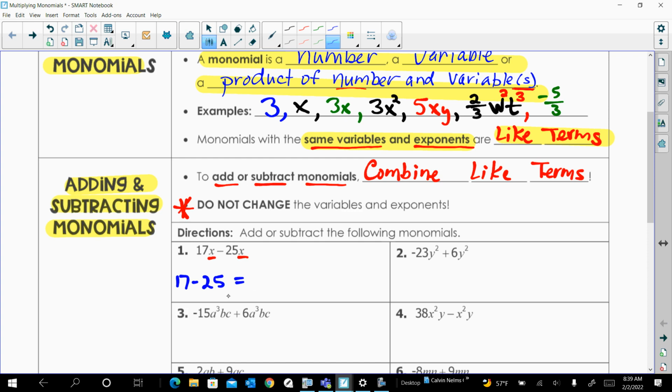You can use your calculator if you need to. 17 minus 25. That's -8. So our answer is -8x. You keep the variable. This is your final answer.